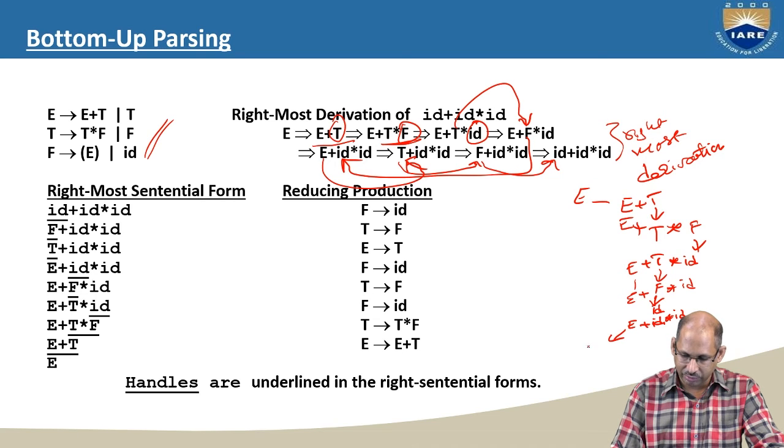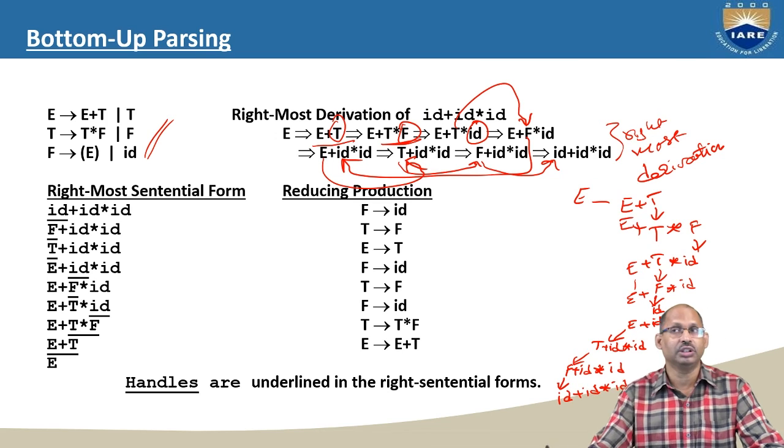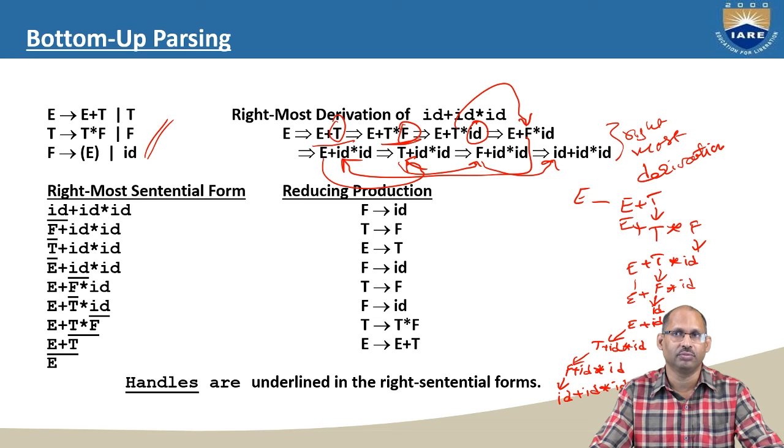Then once again this E as T: T plus id into id. This T as F: F plus id into id. Then F gives finally id plus id into id. So this is the rightmost derivation.